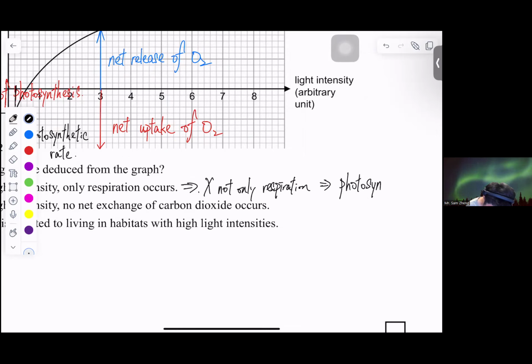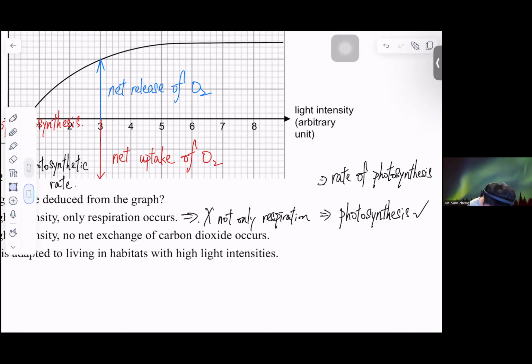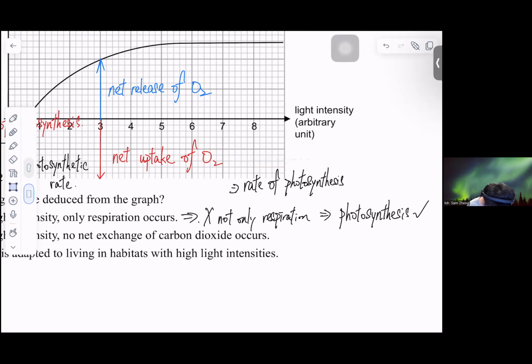But the rate of photosynthesis is still smaller than the rate of respiration.